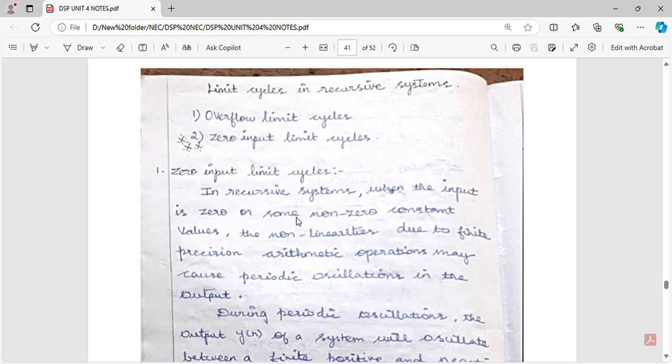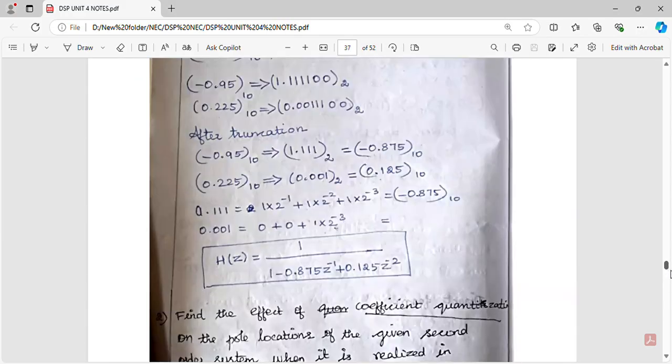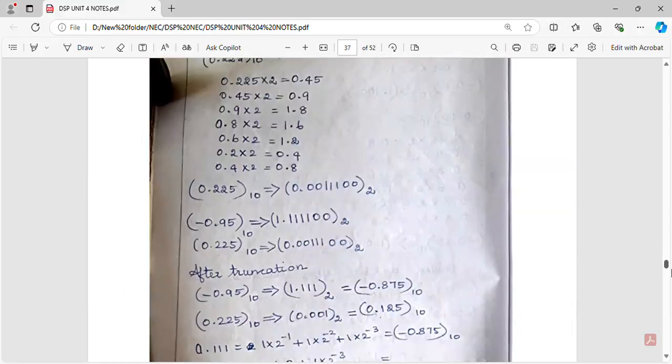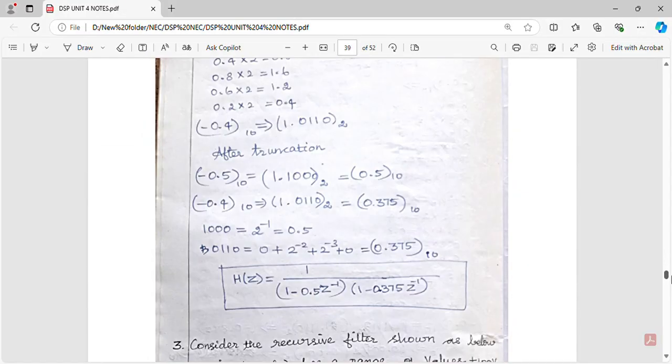First of all, the zero input limit cycle oscillations present in an IIR filter. Whenever non-linearities occur due to the finite precision arithmetic operations, they cause some oscillations at the output of the filter.